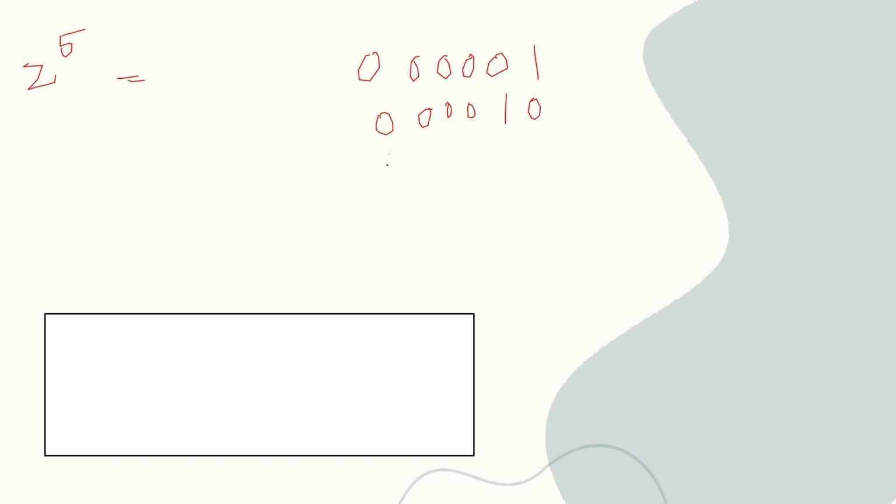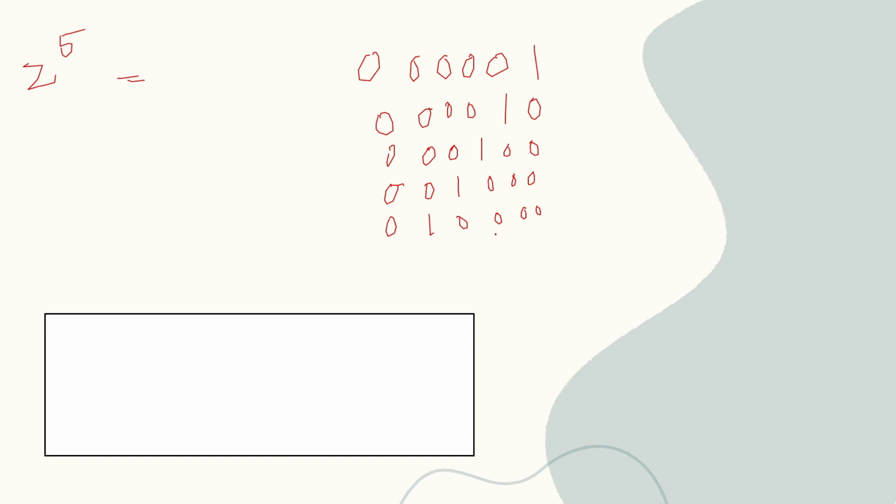Again you left shift, 0 0 0 1 0 0. Again you left shift it. So every time we are left shifting it by 1 time. 0 0 1 0 0 0. Again you do the same thing. 0 1 0 0 0 0.